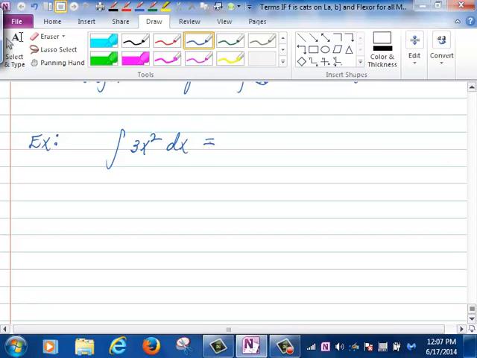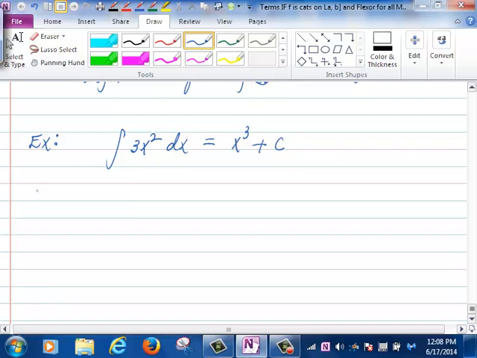You're trying to find the general antiderivative of 3x squared, right? So you're trying to find a function whose derivative is the integrand 3x squared. What is that? X cubed. The derivative of that is 3x squared, and then you add a constant to it. You get the general antiderivative of this function 3x squared. Is everybody doing okay with that? Okay.